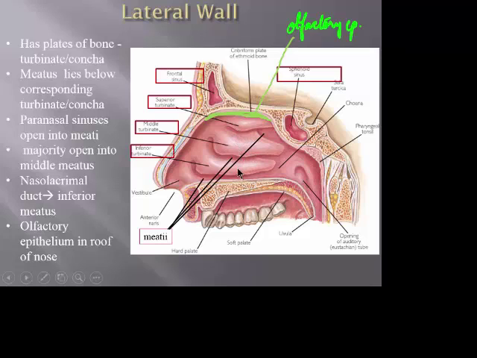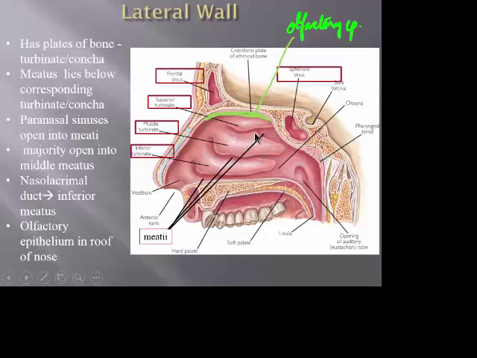These 3 plates of bone are known as conchae, concha is singular, or turbinates. And in between these turbinates are spaces. Because there are 3 of these, we call them superior, middle, and inferior concha.